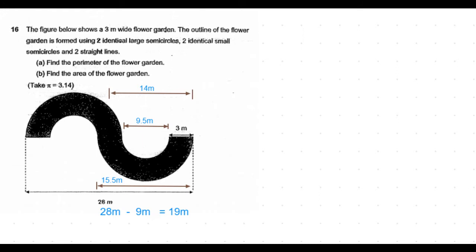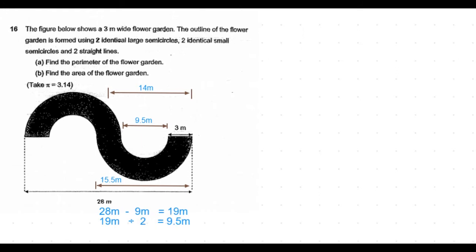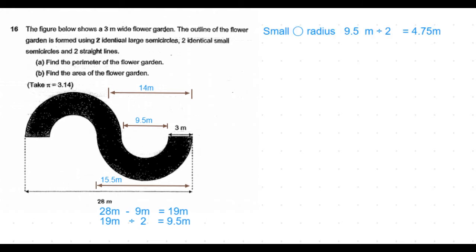So those 3 meters, if we subtract from the 28 meters, we get 2 times the diameter of the smaller semicircle. So 19 meters is 2 times the diameter. So 19 divided by 2 is 9.5 meters is the diameter of the smaller semicircle. So radius of the smaller semicircle is half of that, which is 4.75 meters.